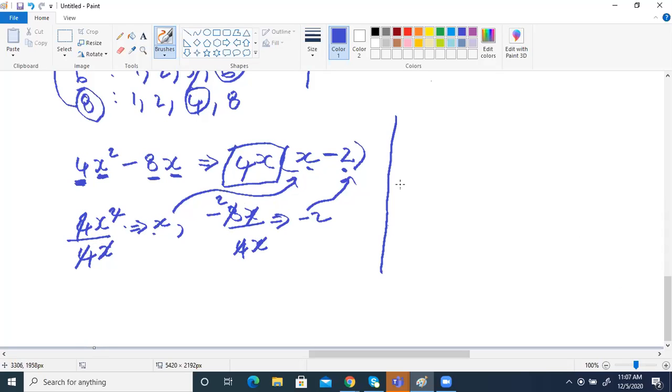What about 6x plus 24? So again, the highest common factor for the numbers is just, let me even put it below, 6. 6 can go into itself, 6 can go into 24. So yes, 6. What about x?